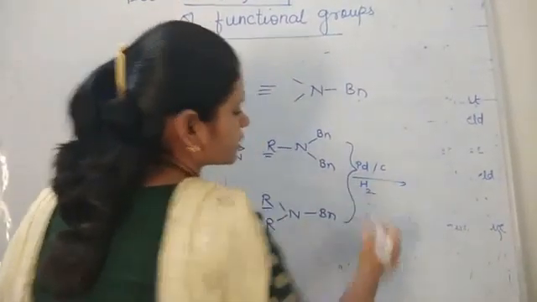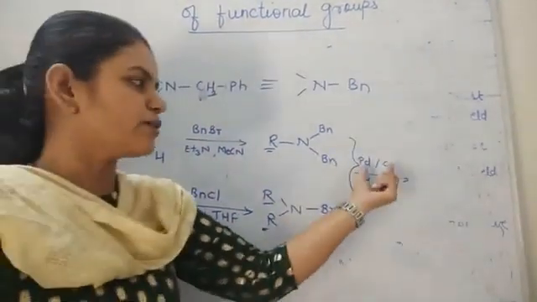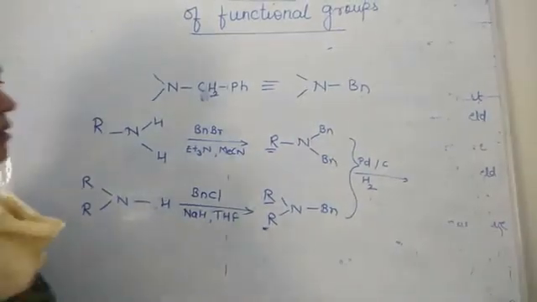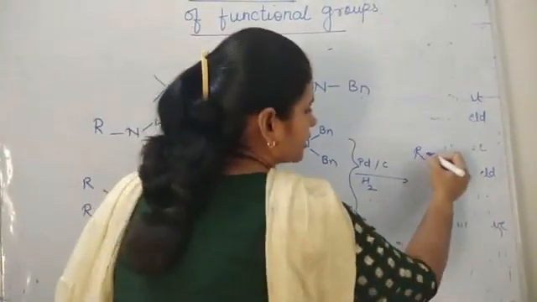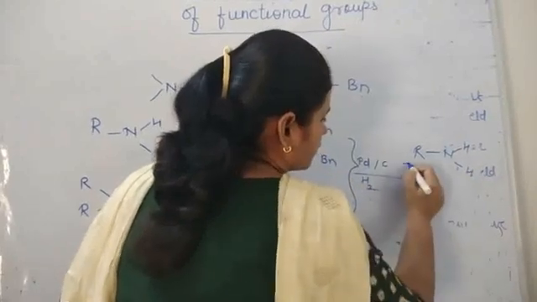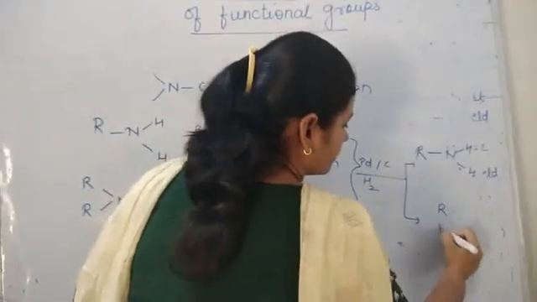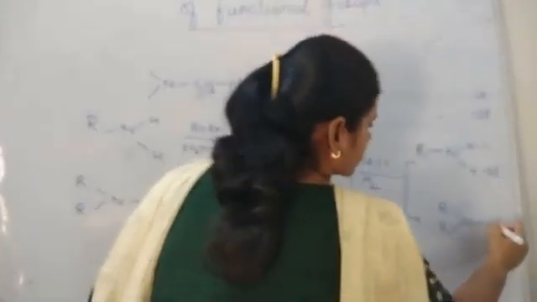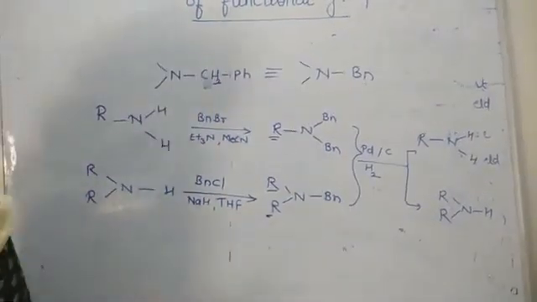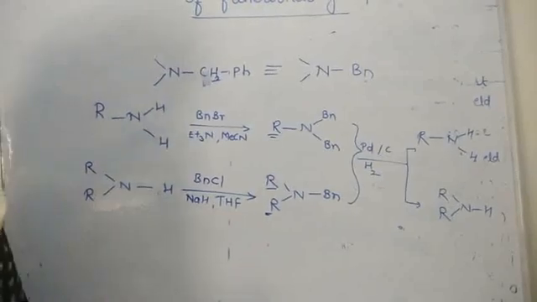That means this is a reduction performed using Pd over carbon, and in this case we get our recovered product like this. So here we got our initial product after reaction. This is the protection and deprotection. Such compounds are very useful when a benzyl group is present in your amine groups.